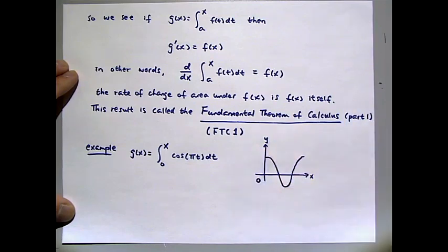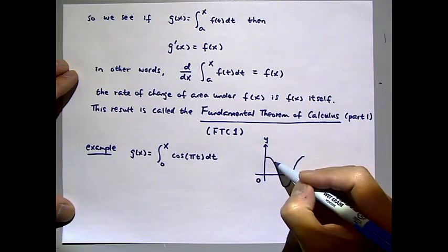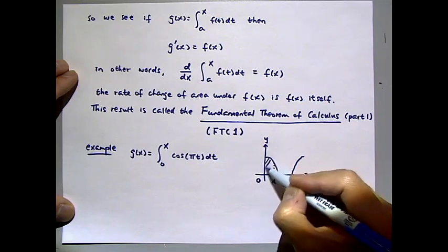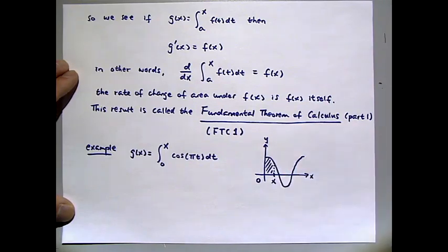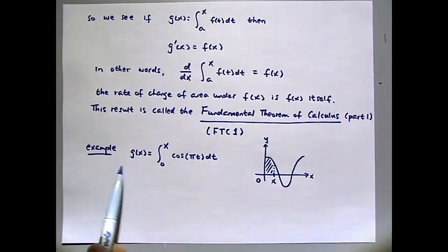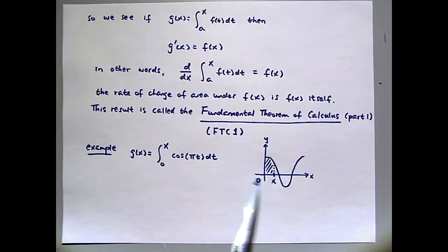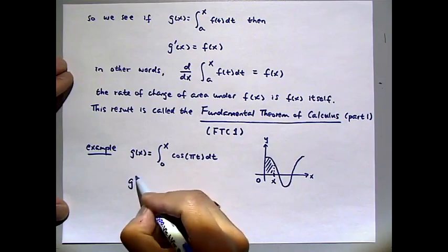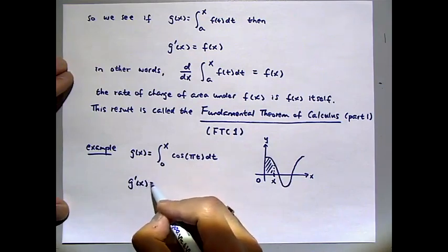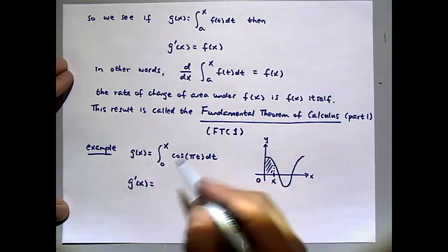Okay, so there's my cosine curve, and wherever you want to end, let's say x is right here. And this quantity right here will be representing that shaded region. As you move x around, how fast that accumulated area changes is given by the derivative.